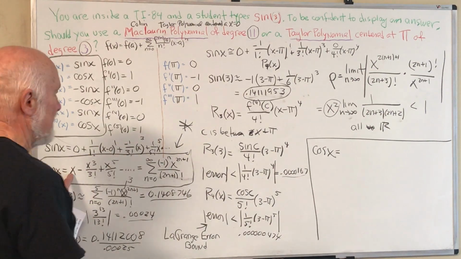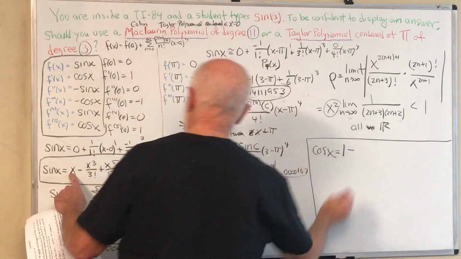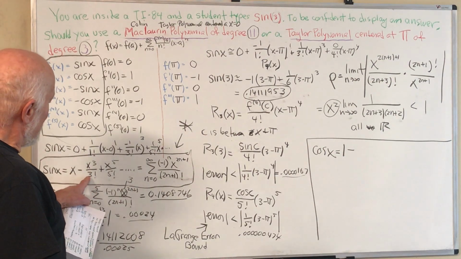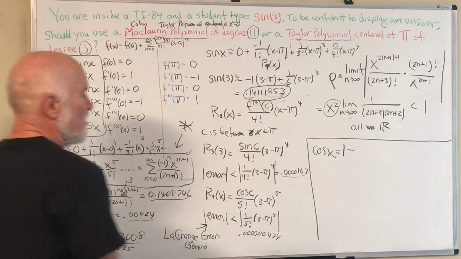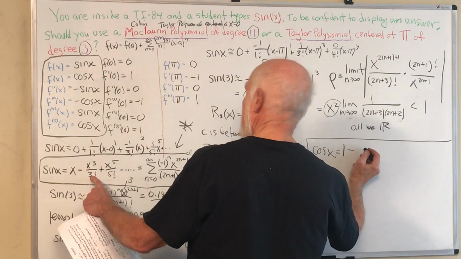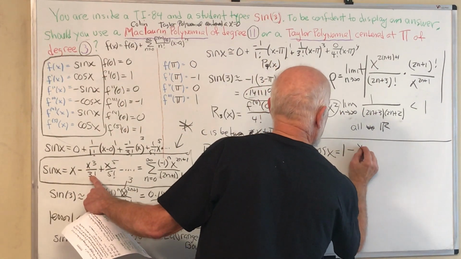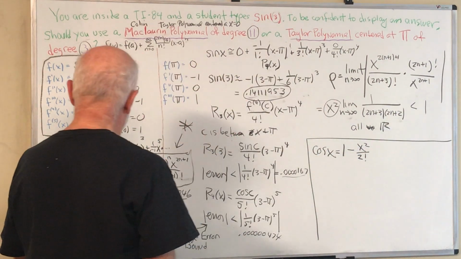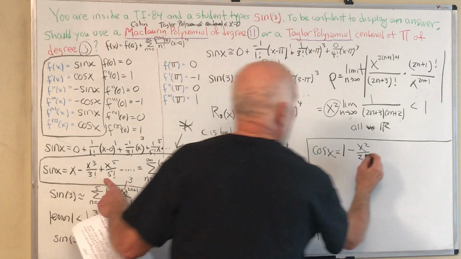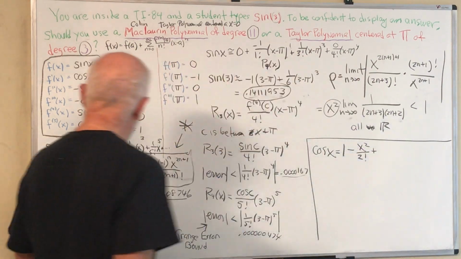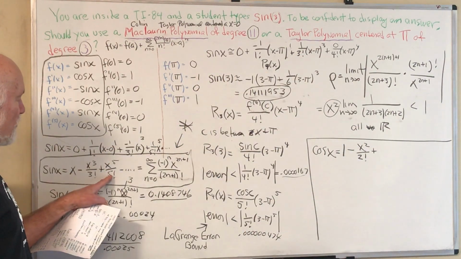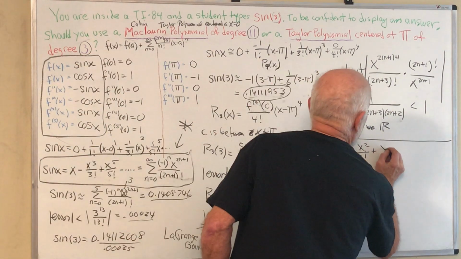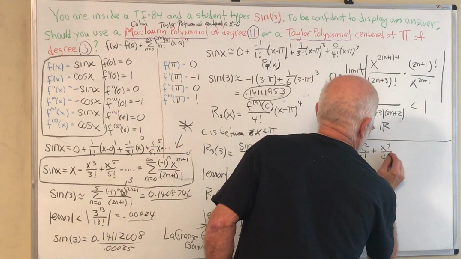So you get 1 minus, and it would be 3 times 1/6, so you would have x squared over 2 factorial. And then you'd go plus, and now this becomes 5x to the 4th over 5 factorial, so it becomes x to the 4th over 4 factorial.